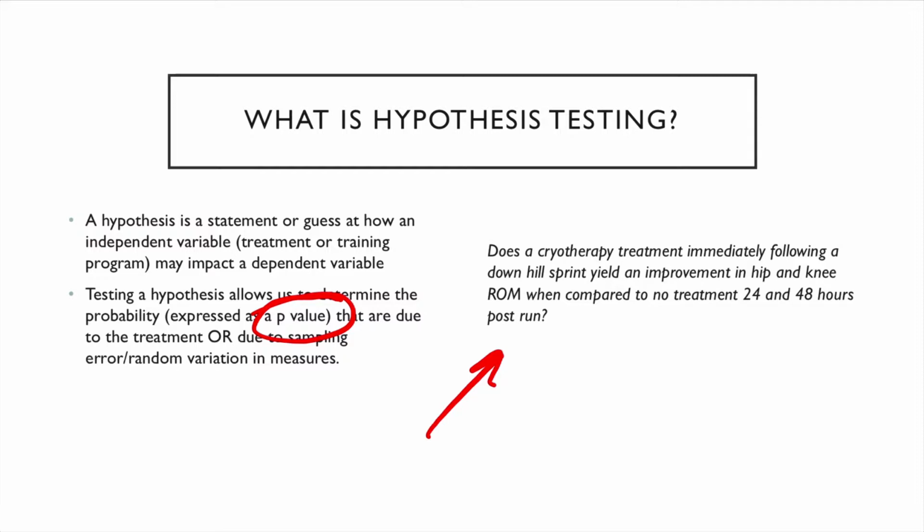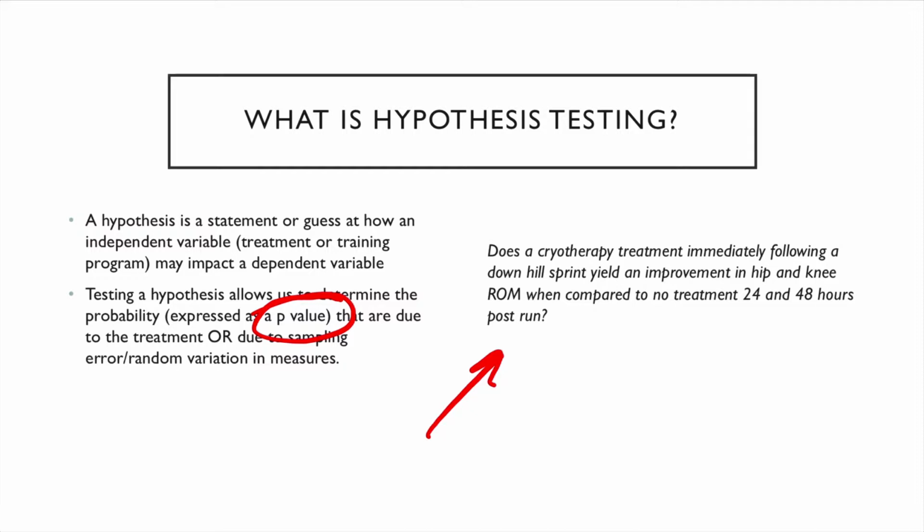So that's a hypothesis. I'm making a guess that cryotherapy treatment will change or improve my range of motion when compared to not doing cryotherapy treatment, both 48 and 24 hours after doing this eccentric loading of the quadriceps.